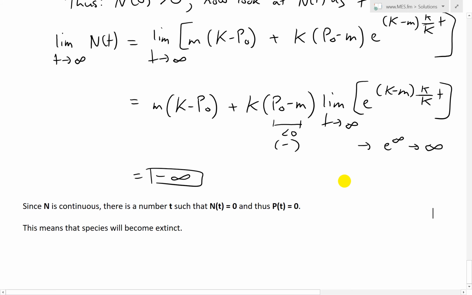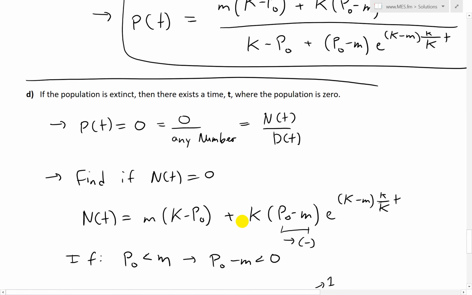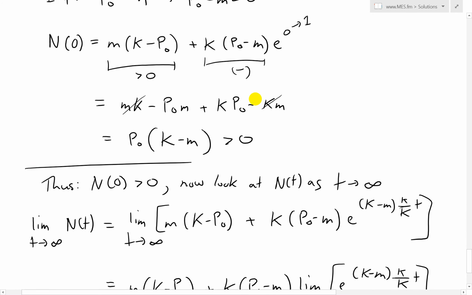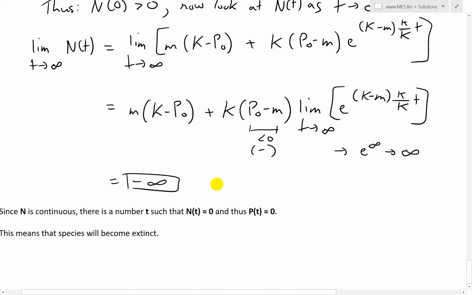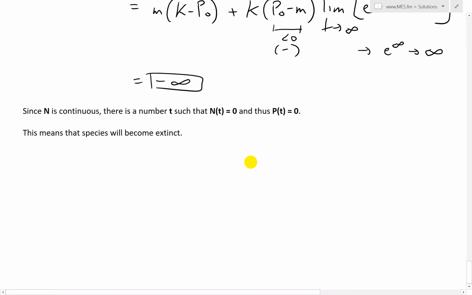And now, what this all means is, since n is continuous, and you can learn more about continuous functions in my earlier video, basically the numerator is a continuous function, because e to the power of whatever is just a continuous function, and this is just an addition. You're just adding something to it, so it's just a simple function that's continuous.